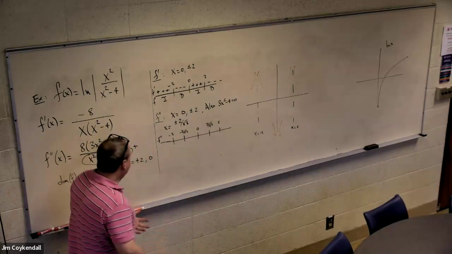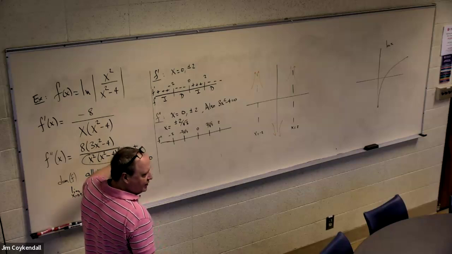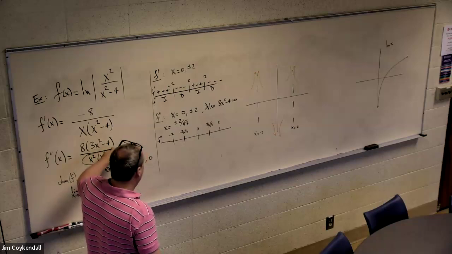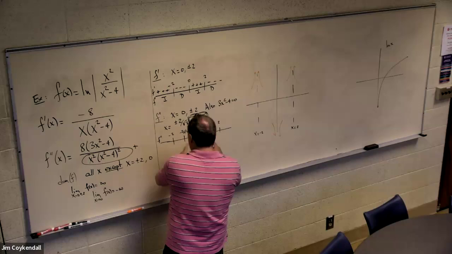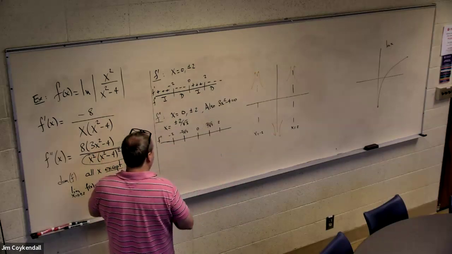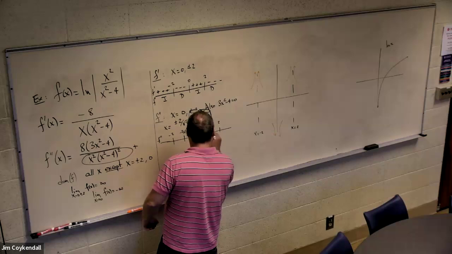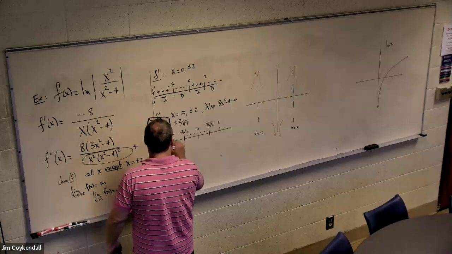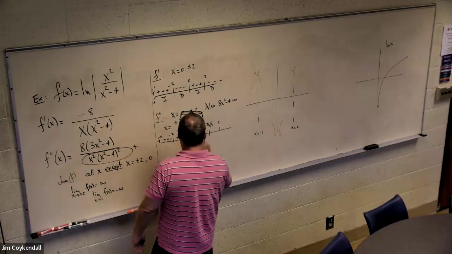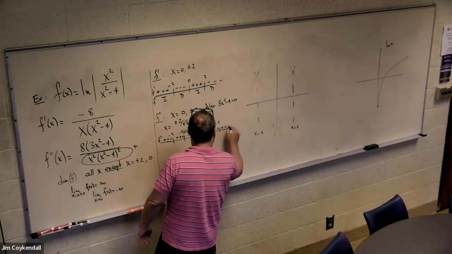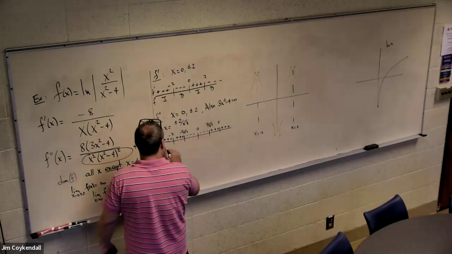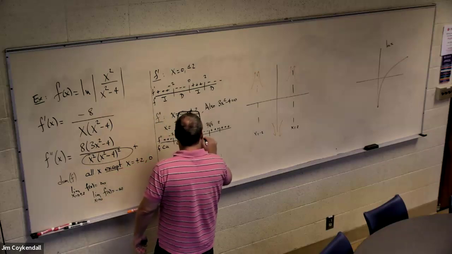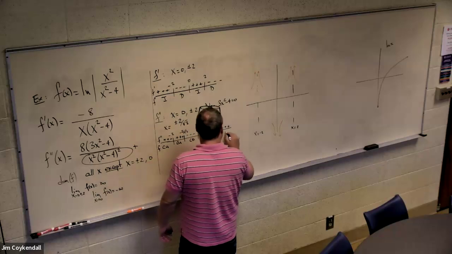So I can ignore that in my sign analysis, right? It doesn't ever change anything. The sign is completely determined by this term, and the 2 roots of this term came out of here. So the second derivative should be negative in between these roots, something like 0, and outside of this, it should always be positive. So it is concave up, concave up, concave down, concave down, concave up, concave up.